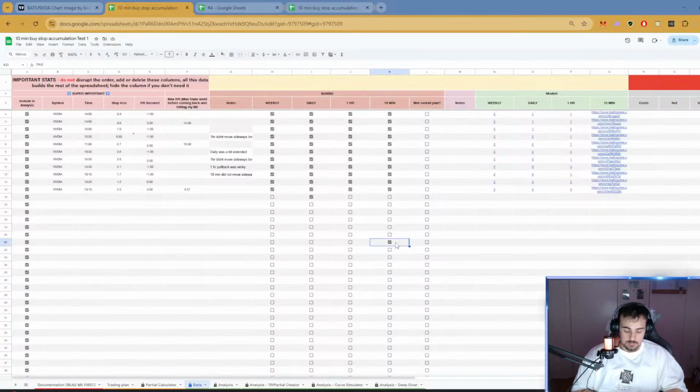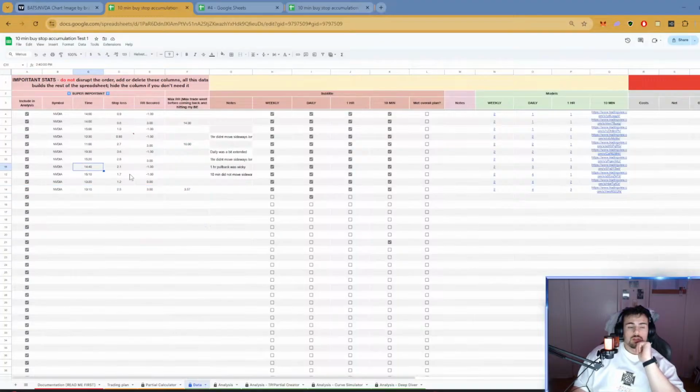Yeah, I have no idea how to fix this. Ooh, do not disrupt the order, add or delete columns.